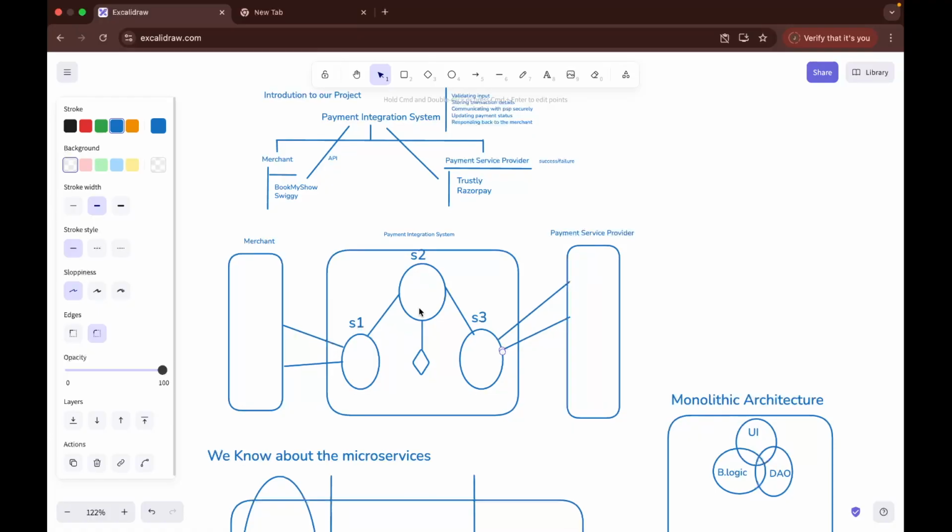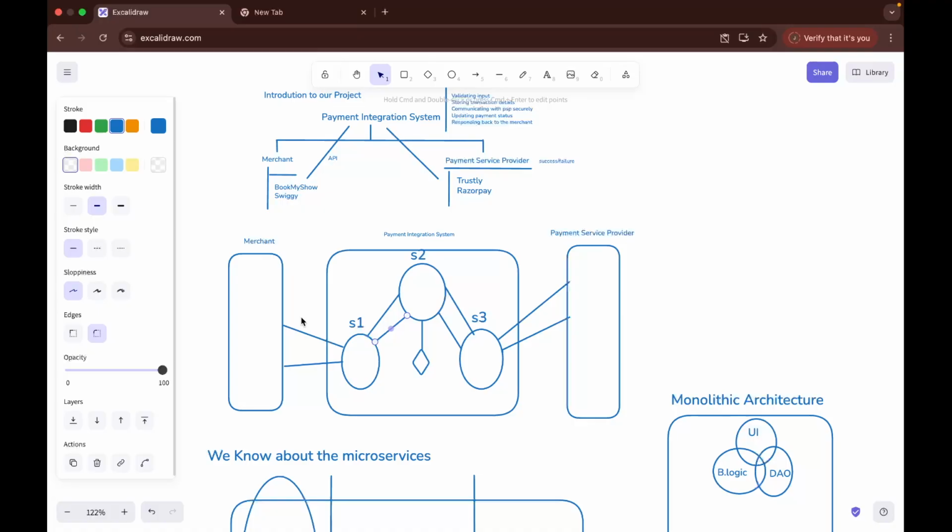So today we discussed how payment integration talks with the merchant application, and how it talks with the payment service provider using API.